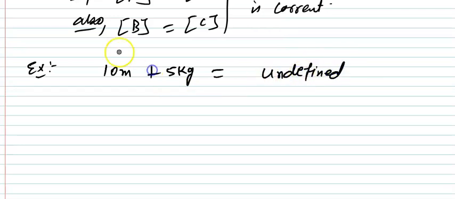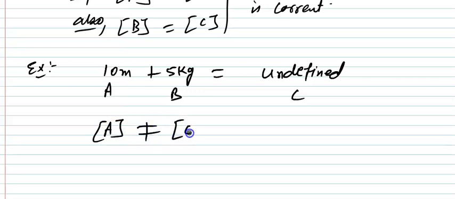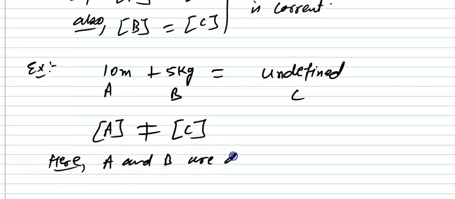Why is it undefined? Because if this is A, this is B, and this is C, we can say that the dimension of A is not equal to the dimension of C. Because we don't know what 10 meter added with 5 kg is. This is one physical quantity and this is another physical quantity. So A and B are different physical quantities.